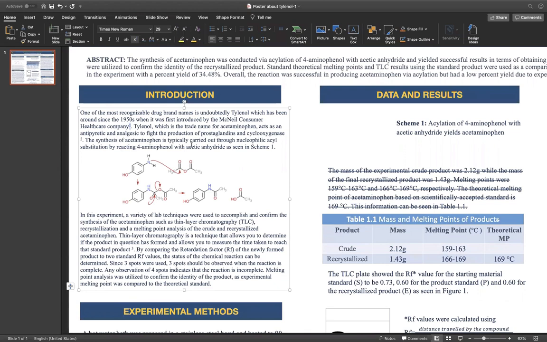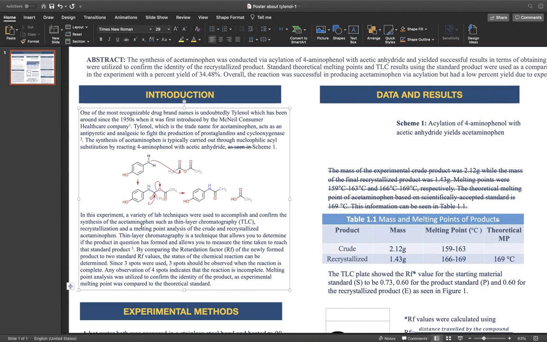The synthesis of acetaminophen is typically carried out through a nucleophilic acyl substitution reaction, perfect, by reacting 4-aminophenol with acetic anhydride. You could include the scheme in, I just put a comma and Scheme 1, and then you'd have the figure caption.